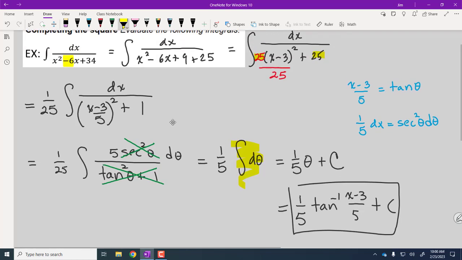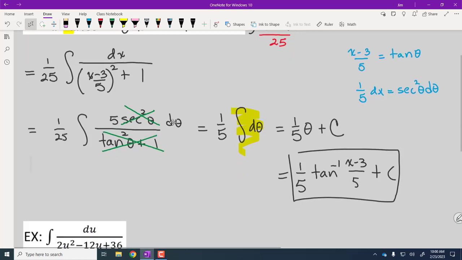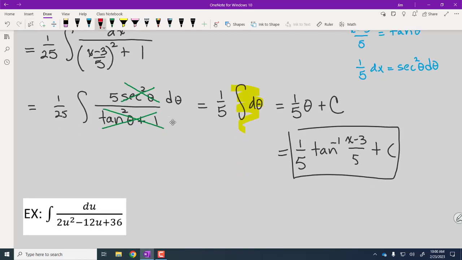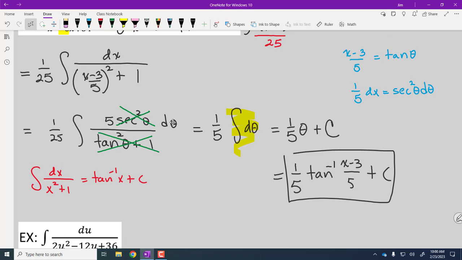The nice thing about trig sub is that if you forget your inverse tangent, remember your basic inverse tangent: dx over x squared plus 1. That's arctan. And you look here and you're like, oh gosh, it's already in arctangent form.